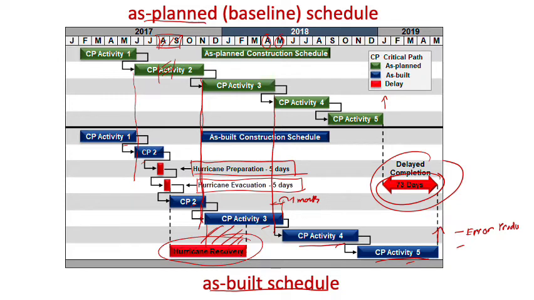Or any other reasons. I think that is a potential reason why activity 4 and 5 took more time to be completed compared to the as-planned schedule.